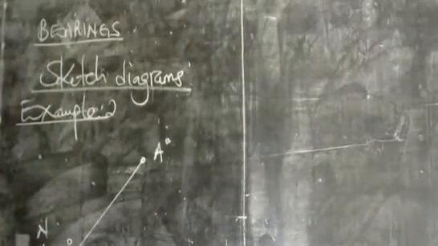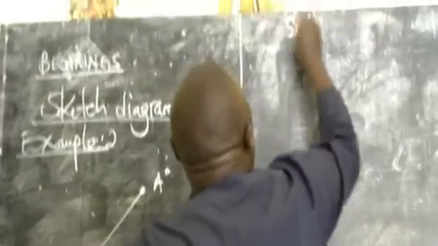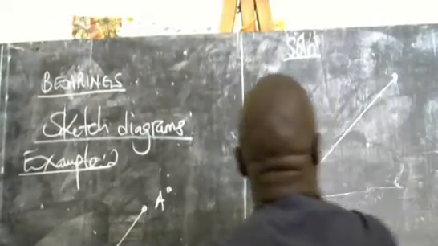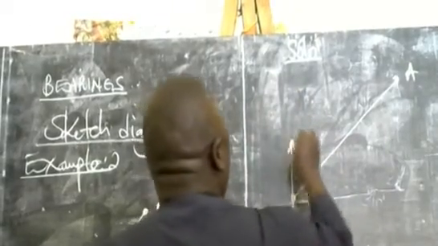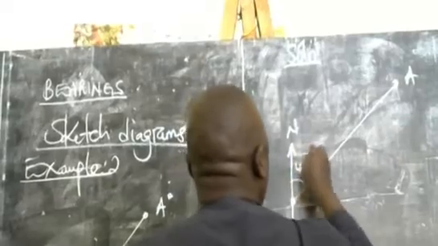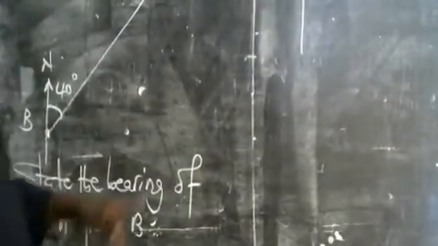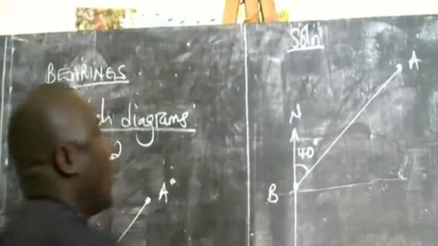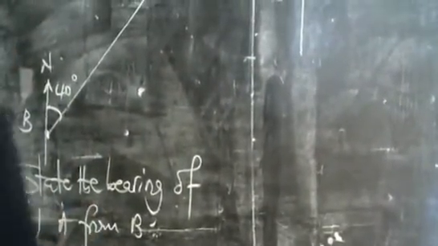We can answer the question by drawing another sketch diagram and identifying which angle is needed. To begin with number 1, bearing of A from B. I'm going to draw the diagram again. If they say bearing of A from B, where we are seeing from B is where we have the angle. Because the moment they say from B, measure the angle from B. If they say from A, measure the angle from point A, using the compass direction.